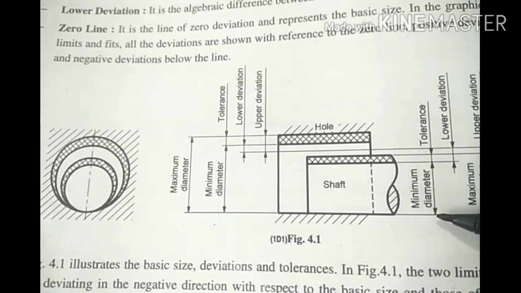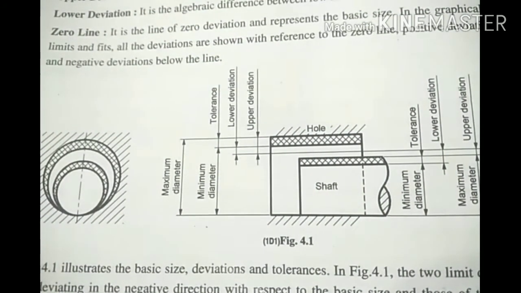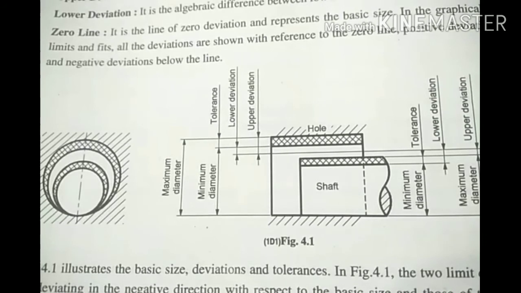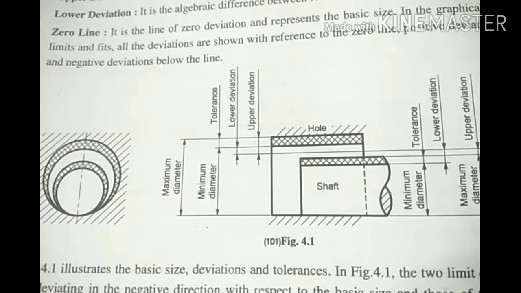The minimum diameter, that is the lower limit. So upper deviation is the algebraic difference between the high limit of size and the basic size of the component. Lower deviation means the algebraic difference between the low limit of size and the basic size of the component. Zero line, this basic size is called the zero line.